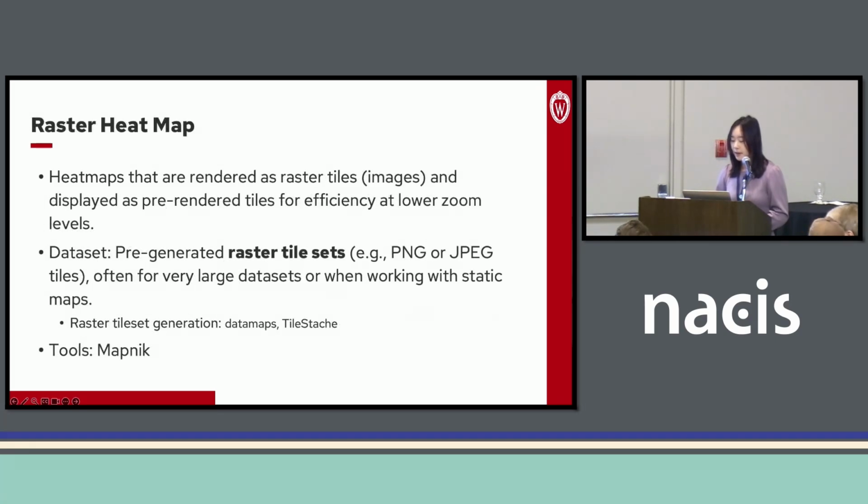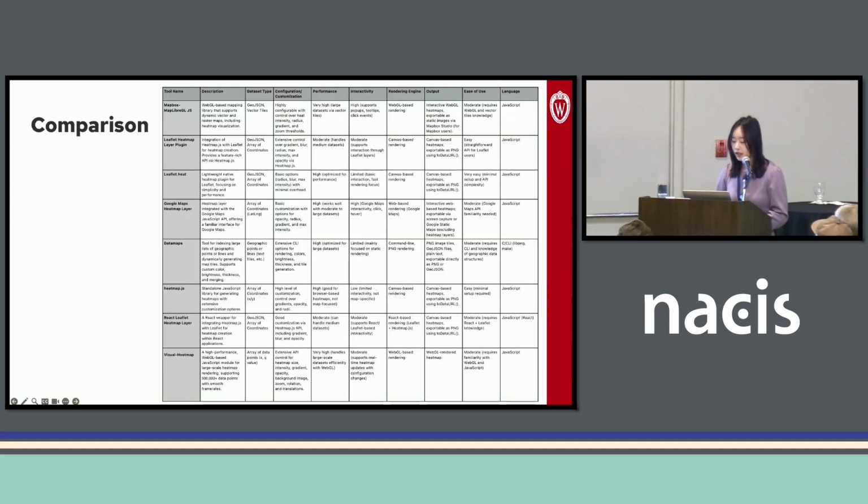The second type is raster heat maps. These are rendered as raster tiles, basically images like PNG or JPEG, and displayed as pre-rendered tiles. This makes them super efficient, especially at lower zoom levels. You can generate these tilesets using tools like Datamaps or TileCache, and Mapnik is also a popular tool for handling them.